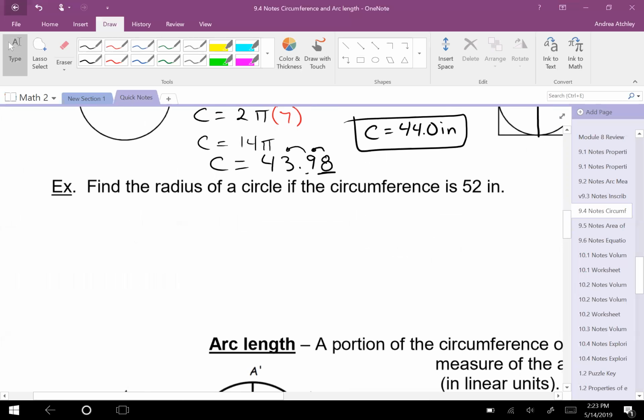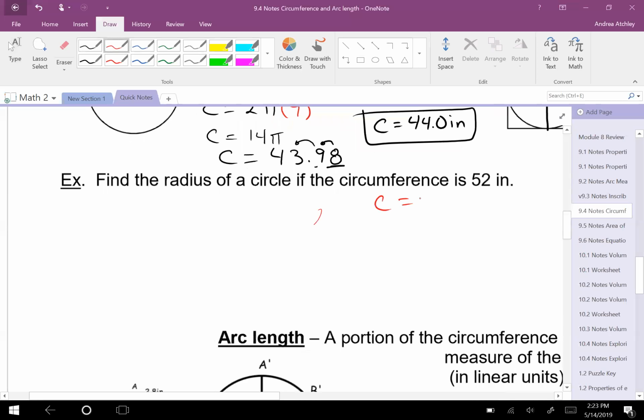Okay, back up here again. Find the radius of a circle if the circumference is 52. So now we're working backwards. They gave you the circumference of 52. So your circumference equals 52.